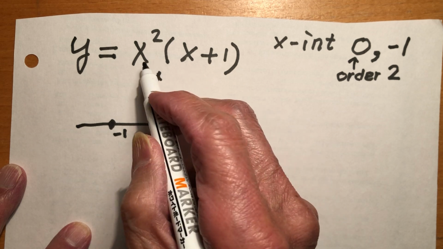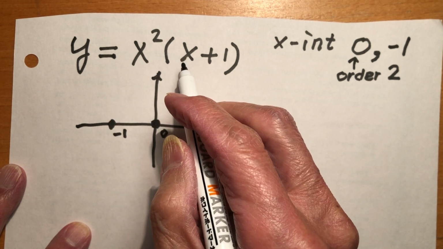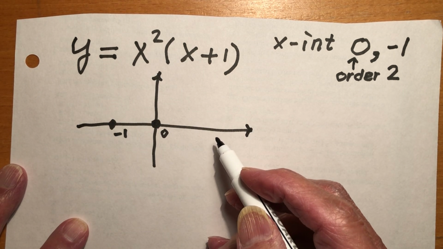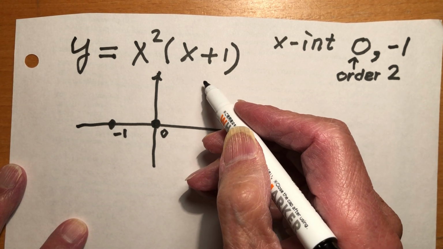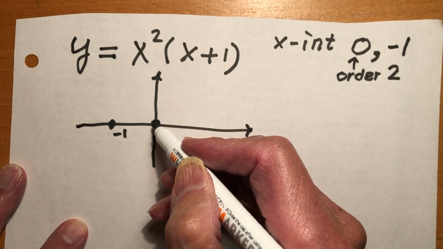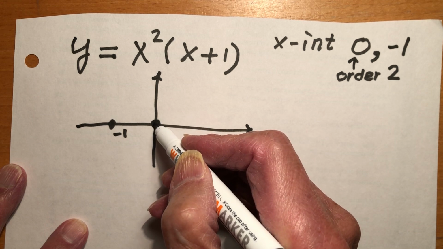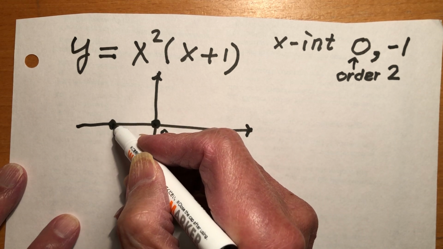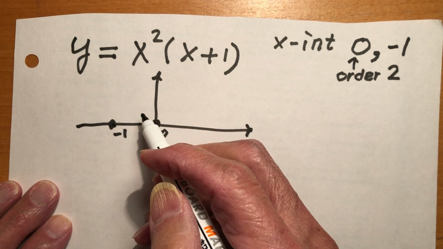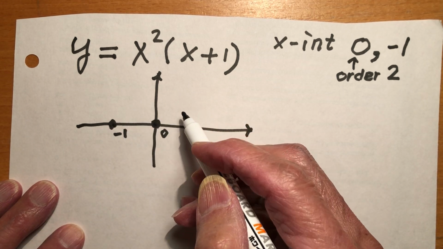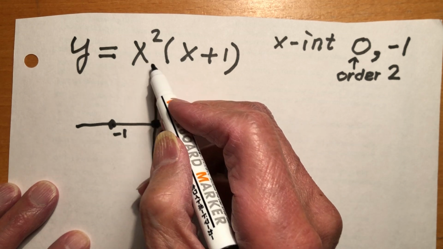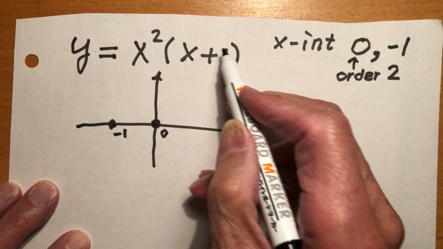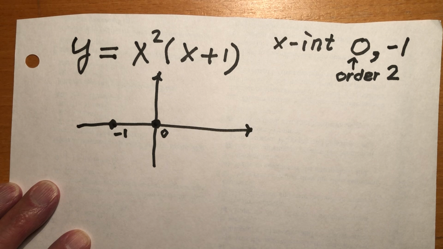This x cubed is 1x cubed, so the leading coefficient is +1. So I start from here. I must pass through this x-intercept and this x-intercept. By the way, what is my y-intercept? For the y-intercept, you let x equal 0, then everything is 0. So y-intercept is 0.